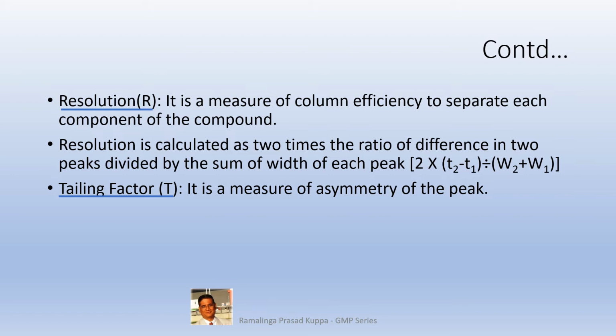So if 2f and W 0.05 are same, you get a tailing factor of 1. Generally, if the tailing factor is between 0.9 and 1.2, it is considered okay. At 0.9, there may be a slight fronting, whereas at 1.2, the tail may be slightly away from the half width. Depending upon the peak separation, sometimes tailing factor up to 2 is also okay.